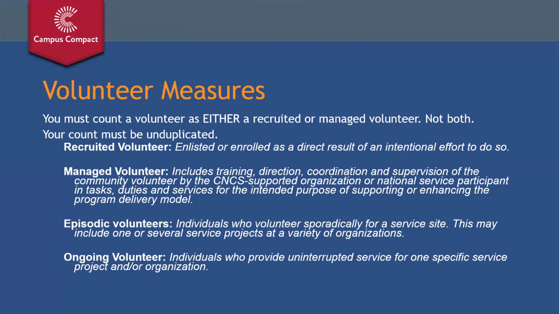Ongoing volunteers are individuals who are providing uninterrupted service for one specific service project or organization. Those are really broad definitions, but if you're running into problems with defining them locally, please let us know. It's more about being consistent with how you're defining those locally and applying that definition as consistently as possible.